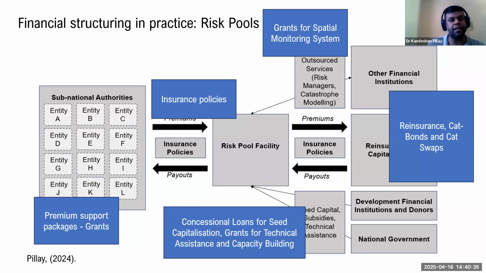But one thing maybe we didn't speak about is that initially a risk pool requires seed capital. And that's because in the initial years of its running, while reserves are being generated from premium costs, the risk pool could go insolvent.